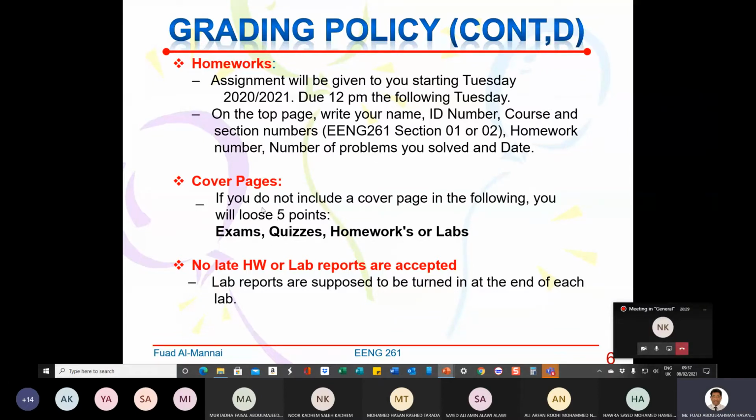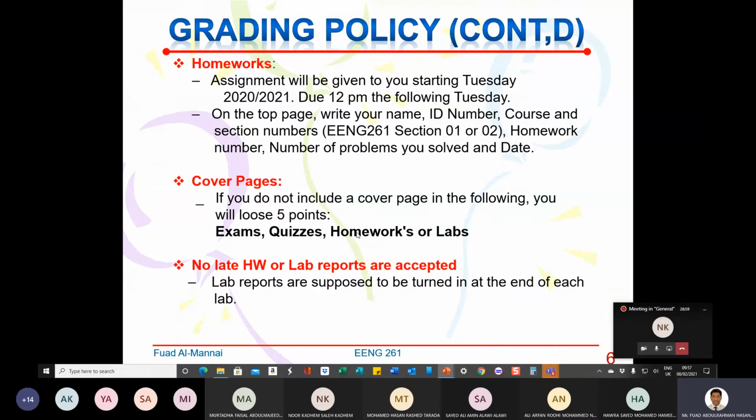If you don't include the cover pages, you're going to lose marks. So don't lose marks because of something silly. I'm going to post under Files a cover page, for example for the quizzes or the exam. The quizzes will come with the cover page, homeworks will come with the cover page, and so on.